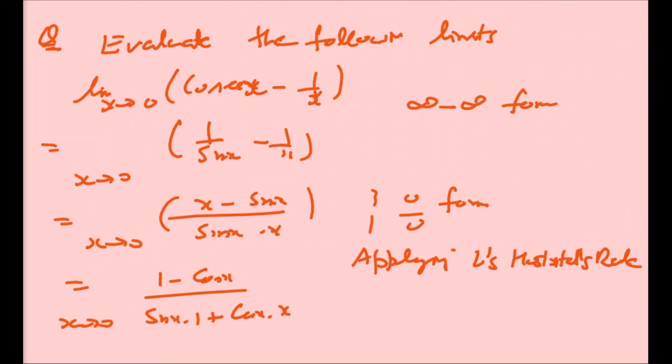So now we can see here again 1 minus cos 0 is 1 minus 1, 0, it is again 0 upon 0 form. So we have to use L'Hospital's rule again.